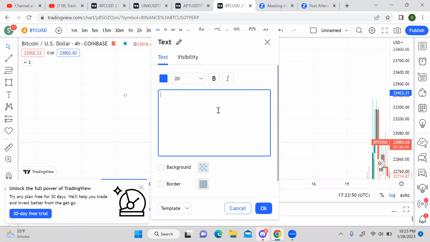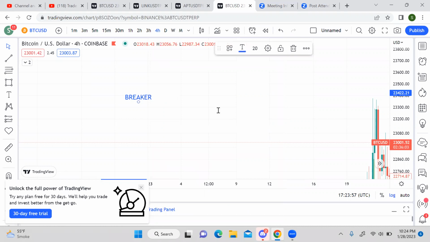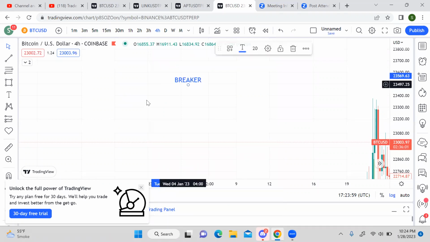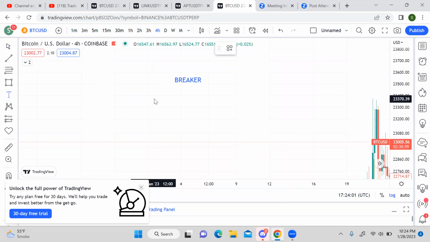What will we call it? Unfilled? No, unfilled is not a good breaker. Now I will explain it to you. What is a breaker?